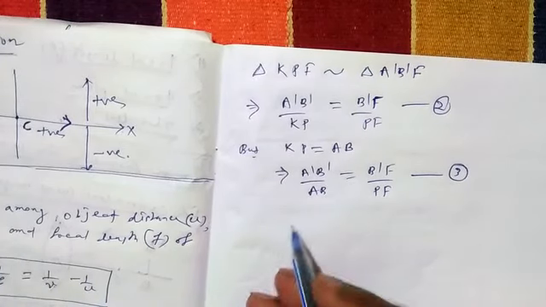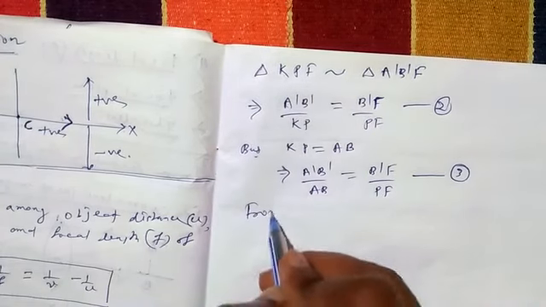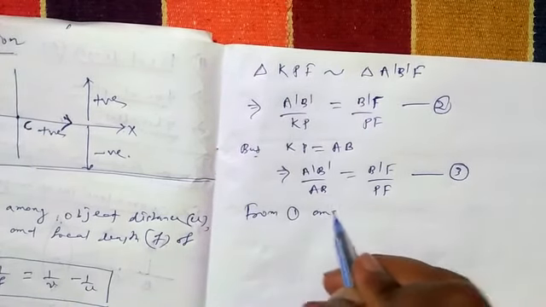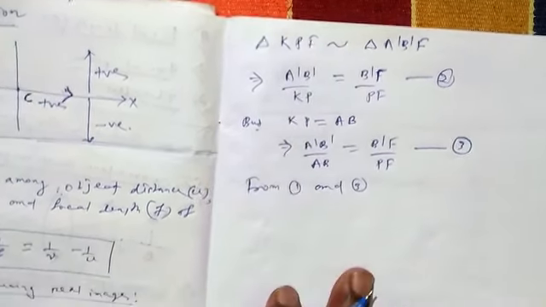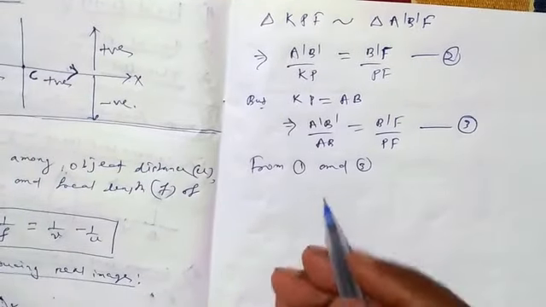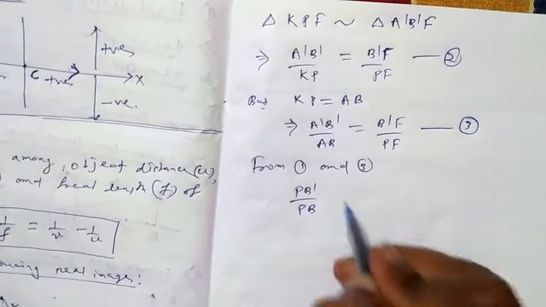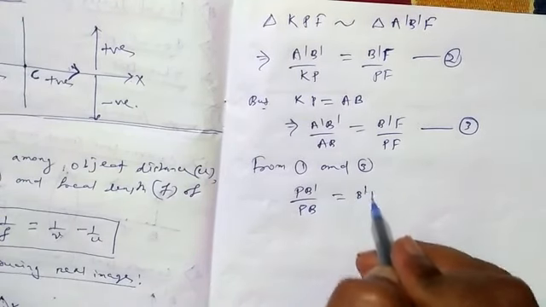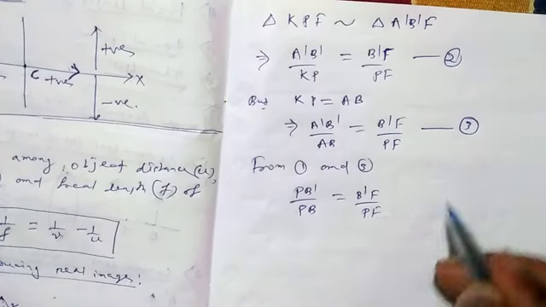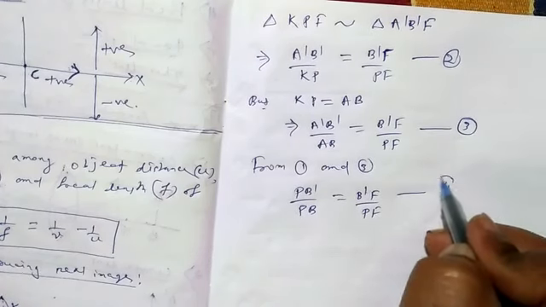So from equation 1 and 3, we can write PB dash by PB is equal to B dash F by PF. Equation number 4.